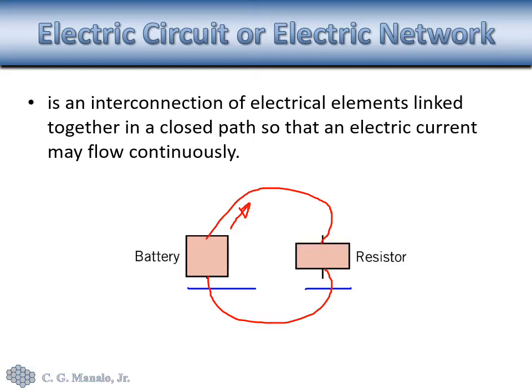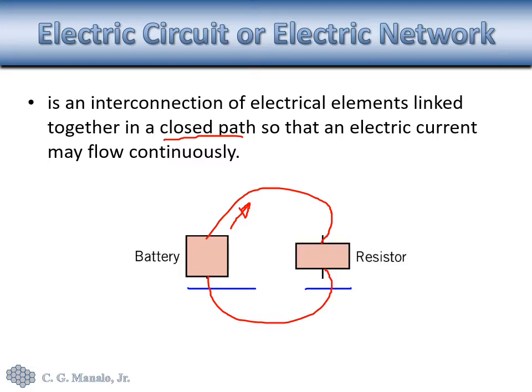So now I have an electric circuit. The important part here is that we need to have a closed path in order to classify the circuit as an electric circuit. Without a closed path, we cannot call it an electric circuit.